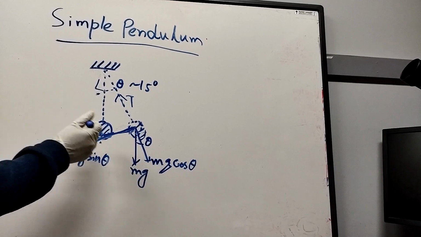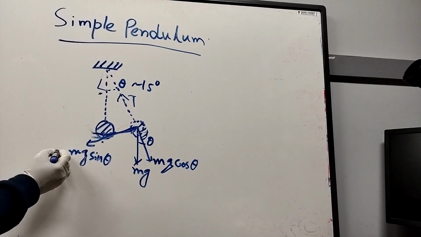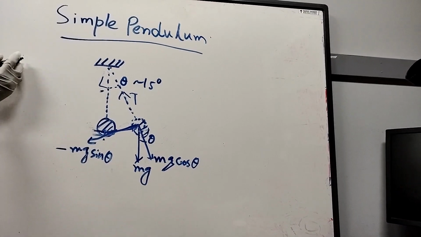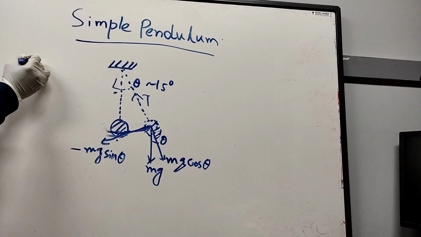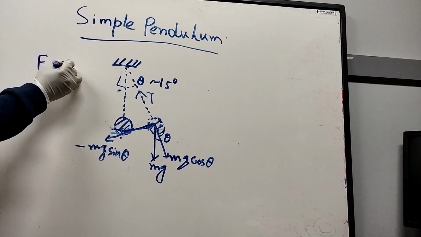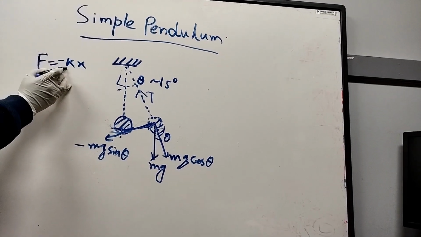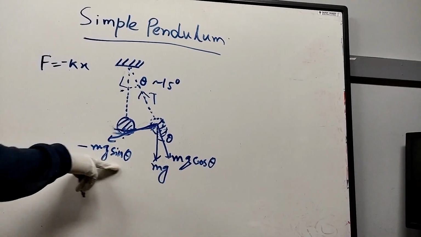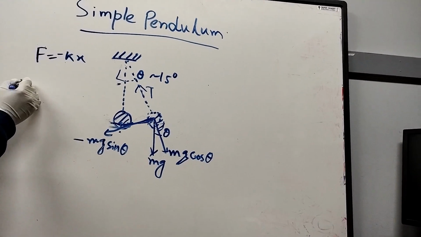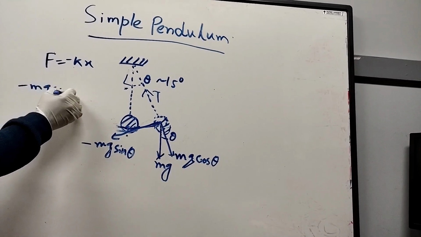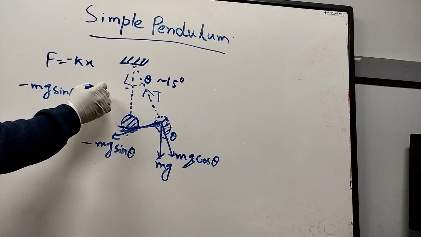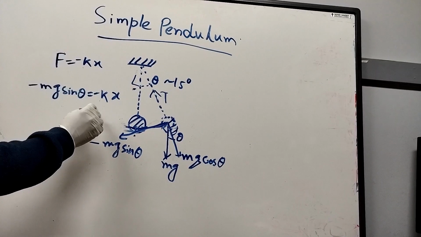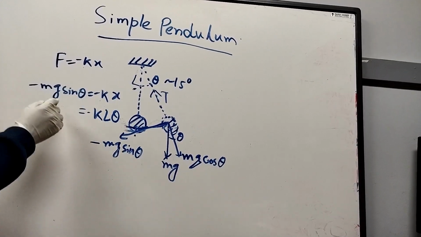Now from the definition of simple harmonic motion, this force must be negative, because by convention this force is assumed to be opposite to the displacement of the pendulum. So from the equation of motion, F equal to minus kx, instead of F we put minus mg sin theta, so minus mg sin theta equals minus kx.